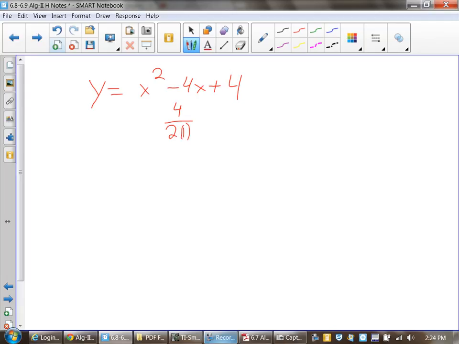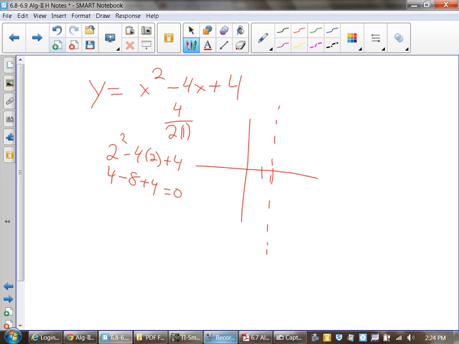All right, that gives me my axis of symmetry, correct? So that's at 2. I substitute that in, and I get 2 squared minus 4 times 2 plus 4. So it's 4 minus 8 plus 4, which is 0. So that means that my vertex is at 2, 0.